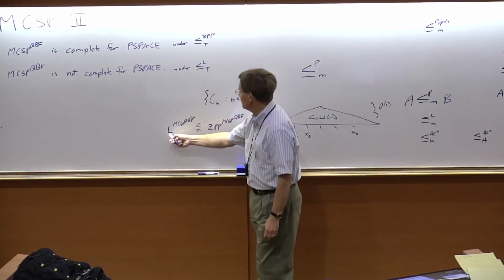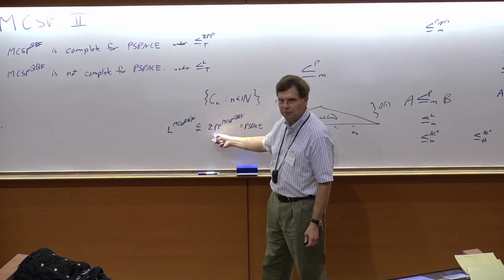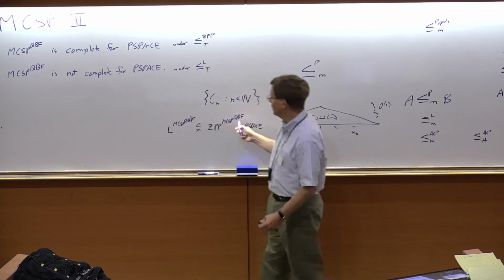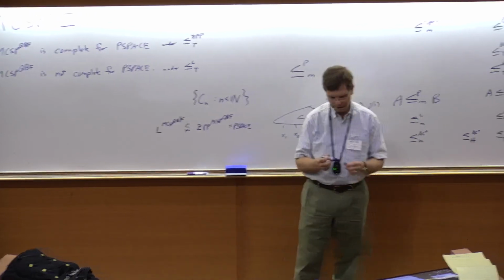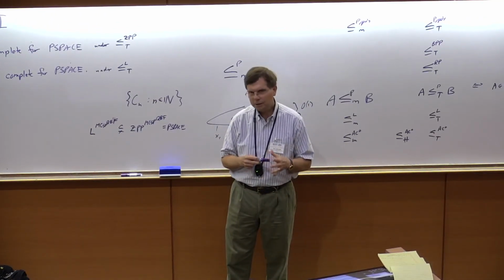Now, without oracles, we don't know if L is different from ZPP. But with these oracles, we do know that this is a strictly smaller class. Did that answer your question?